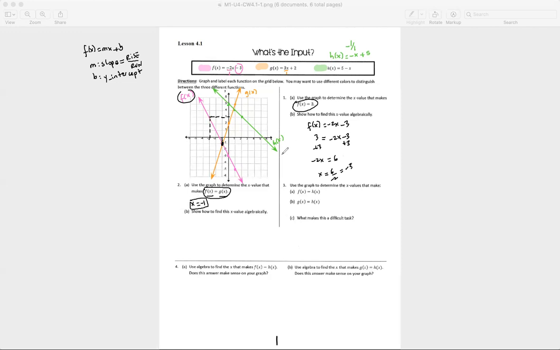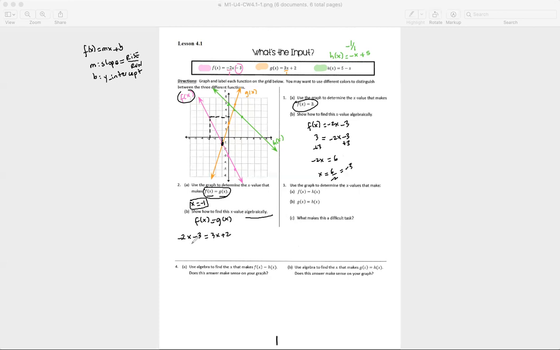So you can say x equals -1. And then for part B, show how to find this algebraically. So you just set them equal. When you're talking algebra, you're setting up equations. So in this case, you want f of x to be algebraically equal to g of x, meaning you're going to put -2x minus 3 and set it equal to g of x, which is 3x plus 2, and then solve for x.